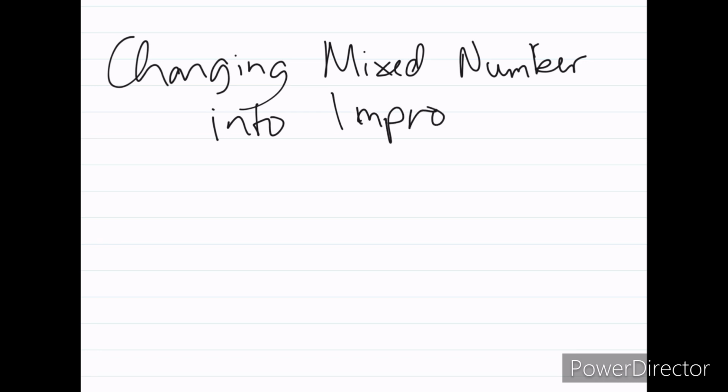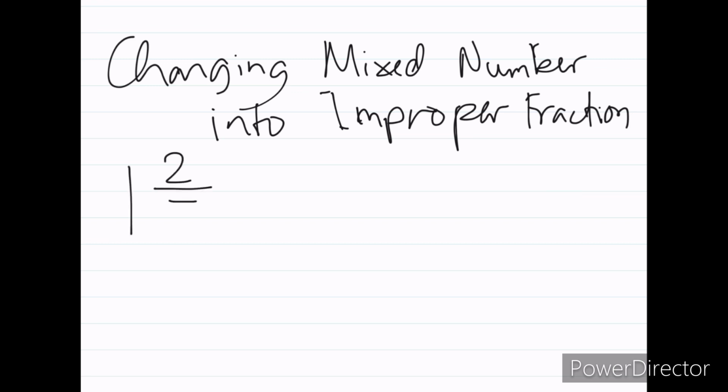There are also steps to be followed so that we can form a mixed number into improper fraction. So here are the steps to follow in changing mixed number into improper fraction. For example, change 1 and 2/5 into improper fraction.